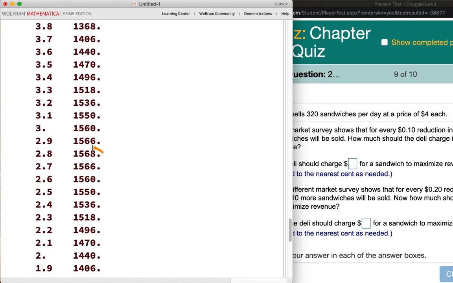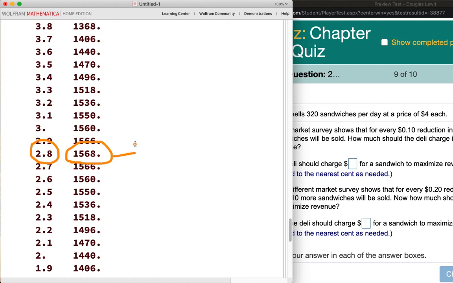The maximum here is a profit of $1,568. Okay, so one more time, $1,568. And that corresponds to charging people $2.80 for each sandwich.